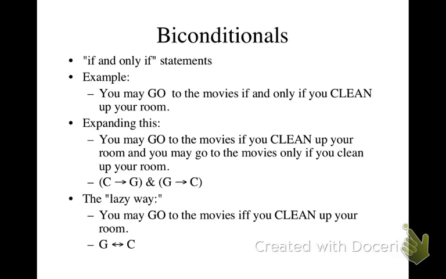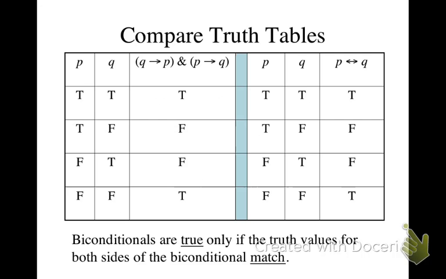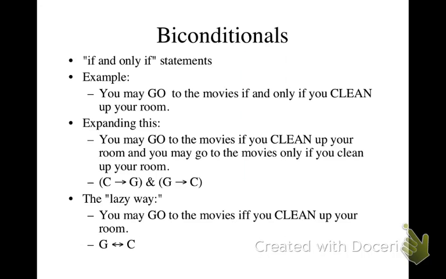Now let's look at the truth table for the biconditional. So compare the truth tables for Q arrow P and P arrow Q and P if and only if Q. And you'll see that they're the same, because the Q arrow P and P arrow Q is really what underlies the P if and only if Q, as we discussed on the previous slide.